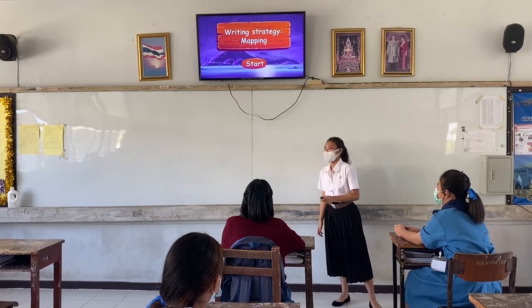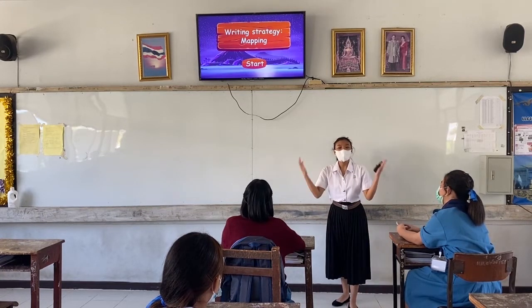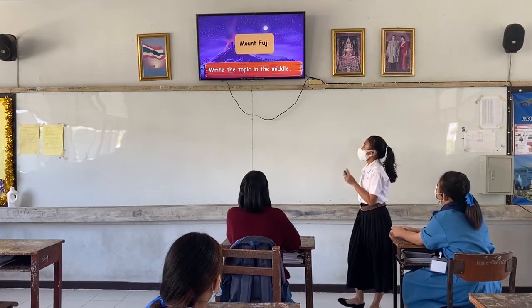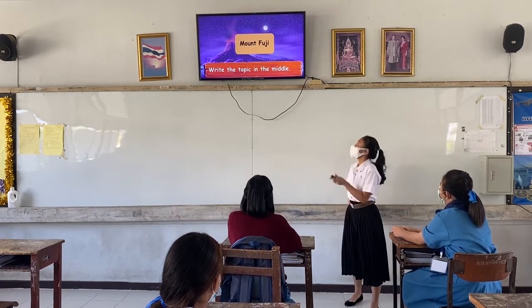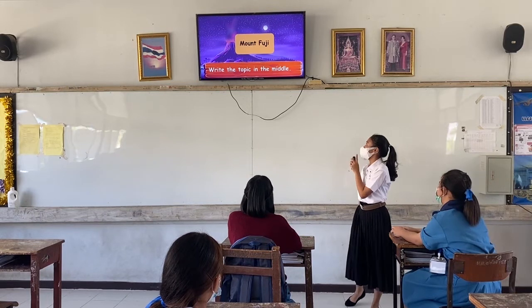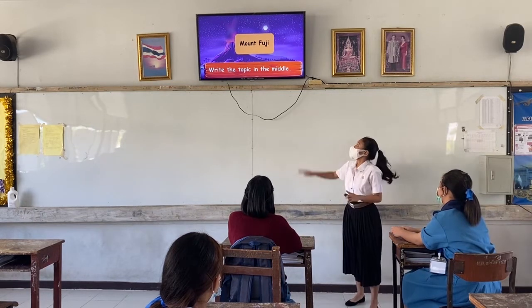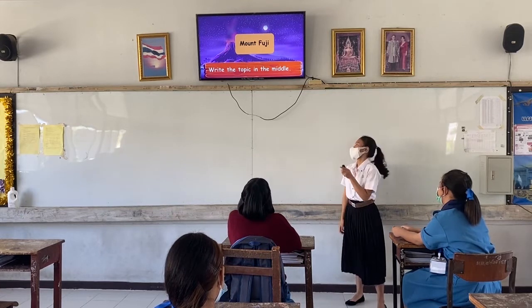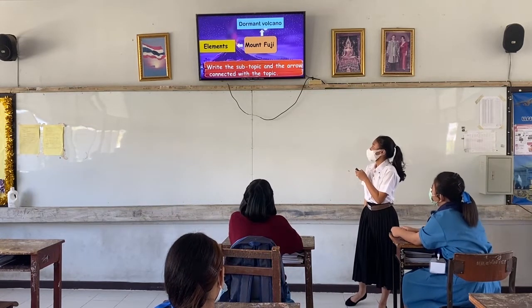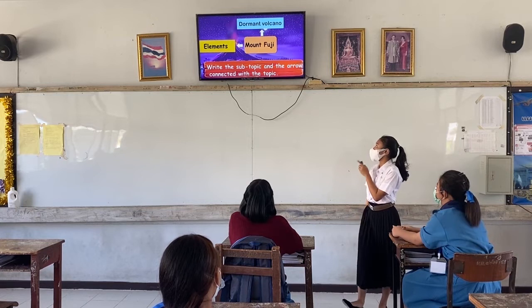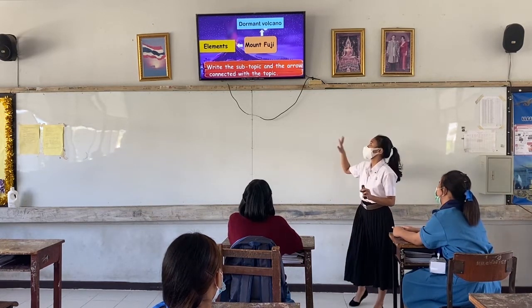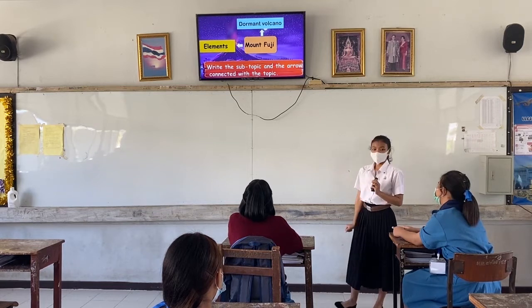This is called mapping. Everyone repeat after me. Mapping. Yes. Mapping. So how do we do the mapping? First, you have to write the topic in the middle. From this picture, the topic is Mount Fuji. Yes, and then you have to write a subtopic and draw an arrow to connect the topic with the subtopic.